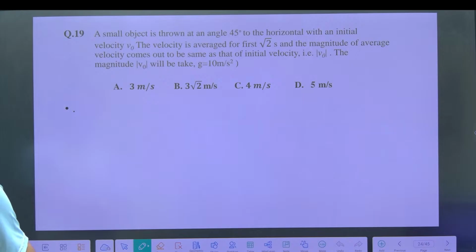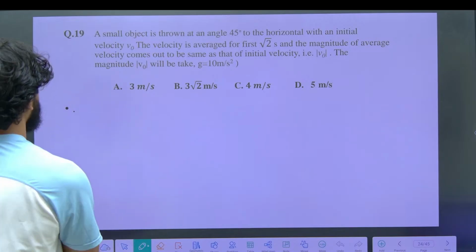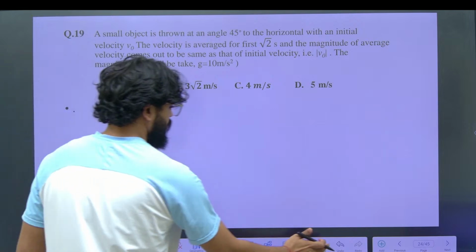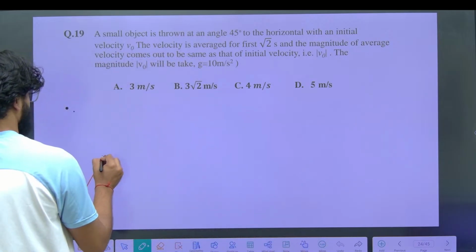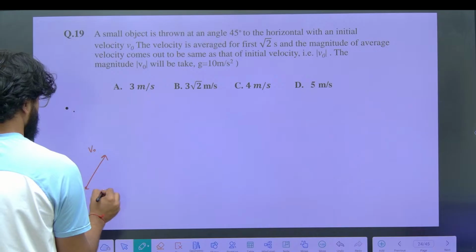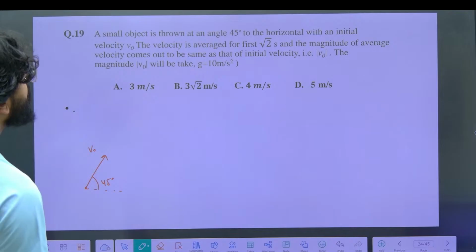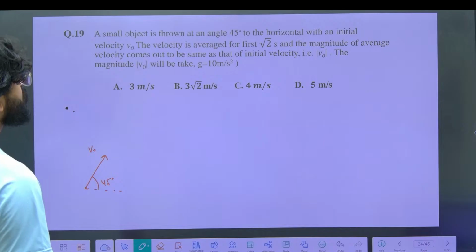Okay, and the magnitude of the average velocity comes out to be the same as that of the initial velocity v0. The magnitude of v0 will be, okay.